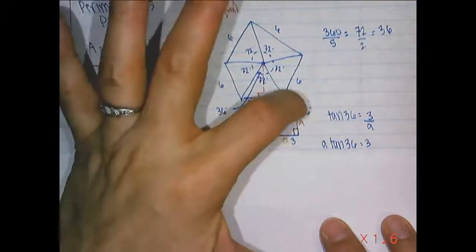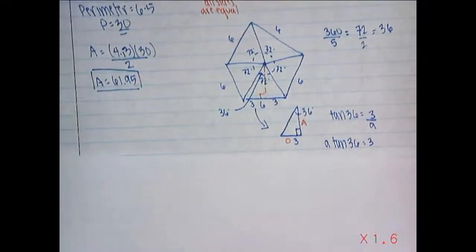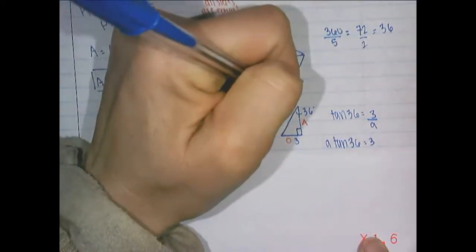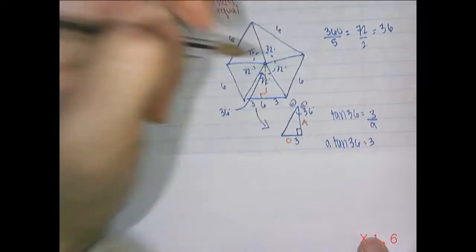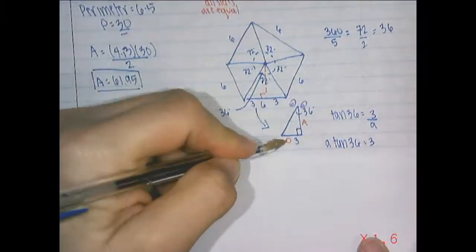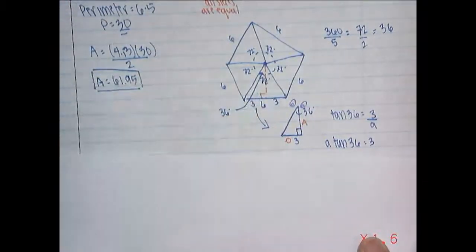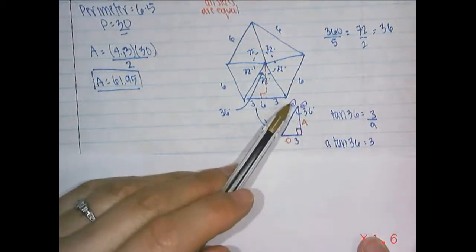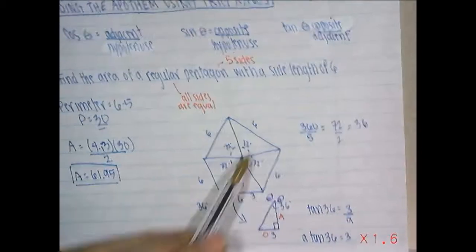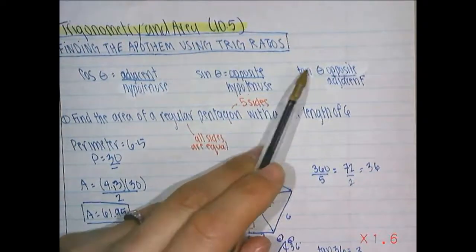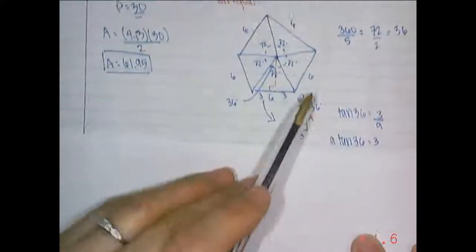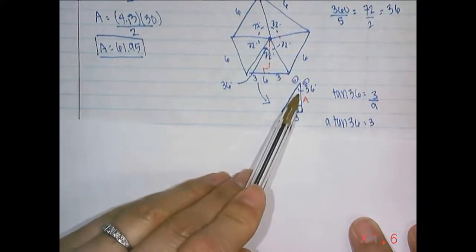So based off of this angle, and if you want, you can always put your googly eyes on it so that you can see where we're looking, this would be my opposite, and this would be my adjacent. With opposite and adjacent, that meets the criteria of tangent. Remember, tangent of theta is your opposite over your adjacent, and theta in this case is 36 degrees.